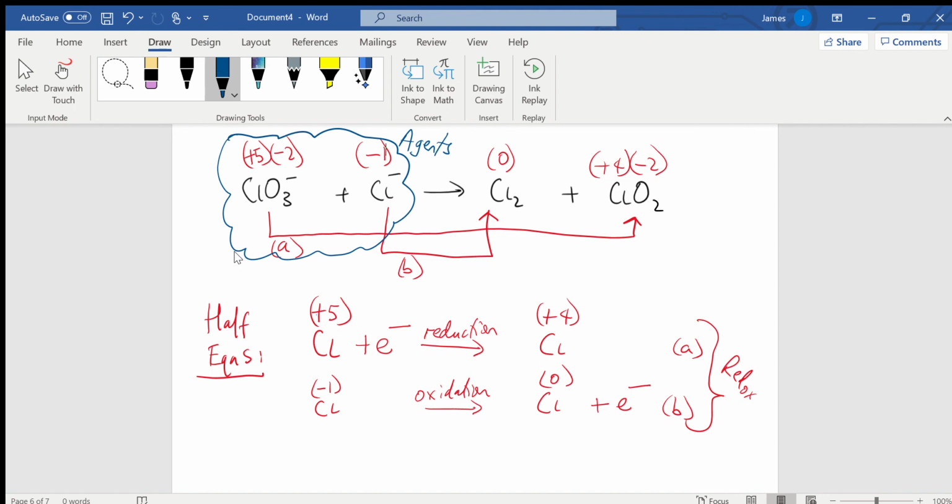I know that chlorate underwent reduction. And I know that chloride in half equation B underwent oxidation, right? And I know from my definition that the oxidizing agent undergoes reduction. So I know that ClO3- is the oxidizing agent.